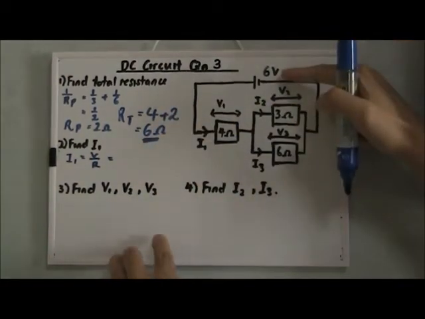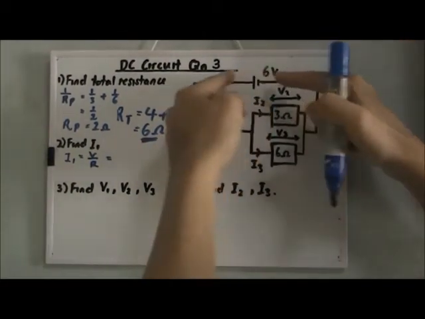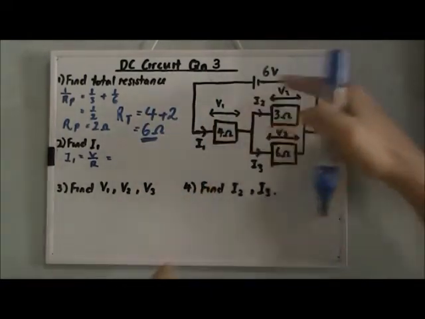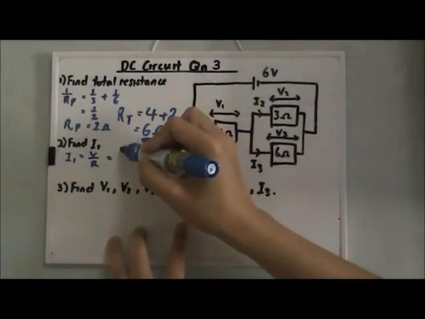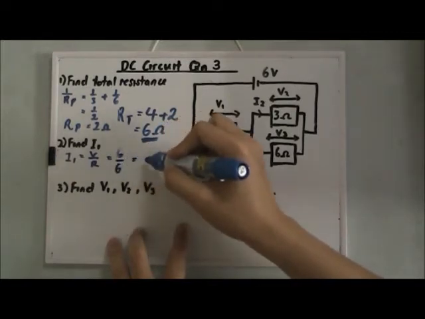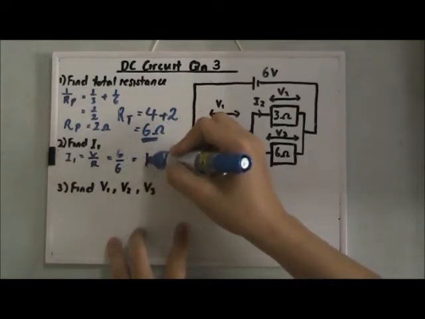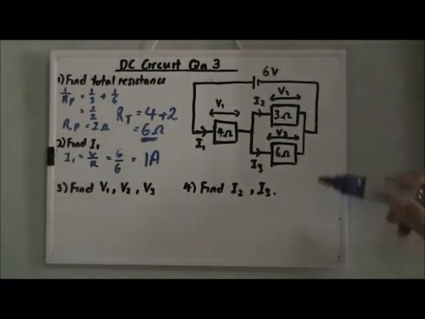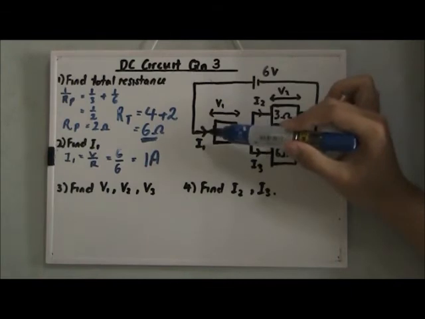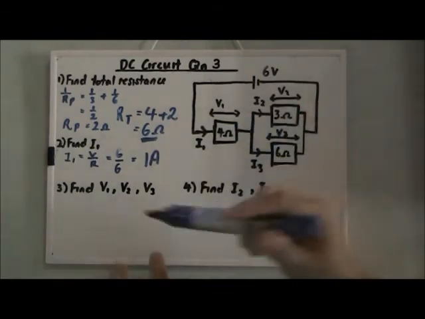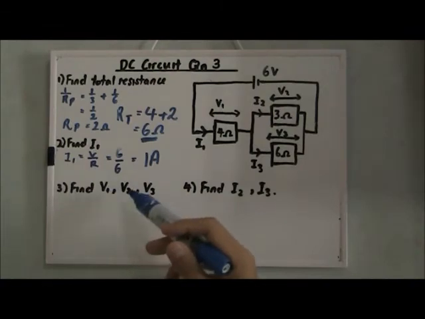Total voltage will be 6 volt, and because 6 volt covers the whole branch of resistors, we take the total resistance here. So it will be 6 over 6, and we say that I1 is equal to 1 ampere. If I1 is equal to 1 ampere, we can find question 3, what is V1, V2 and V3.